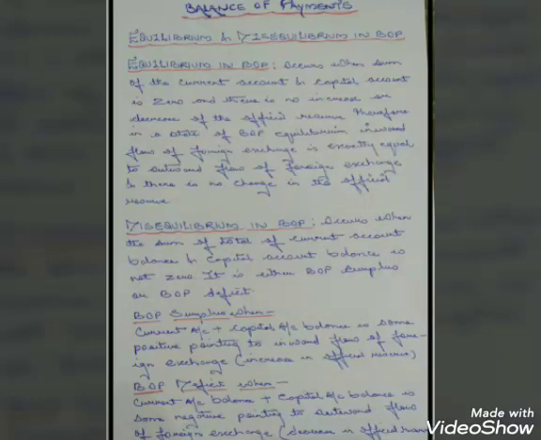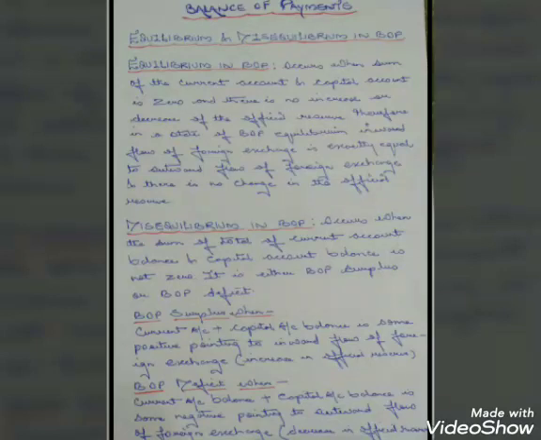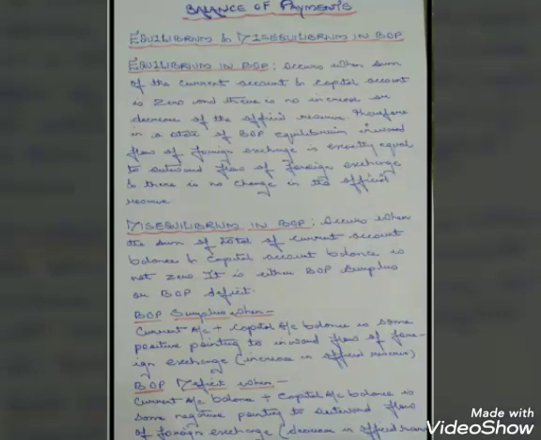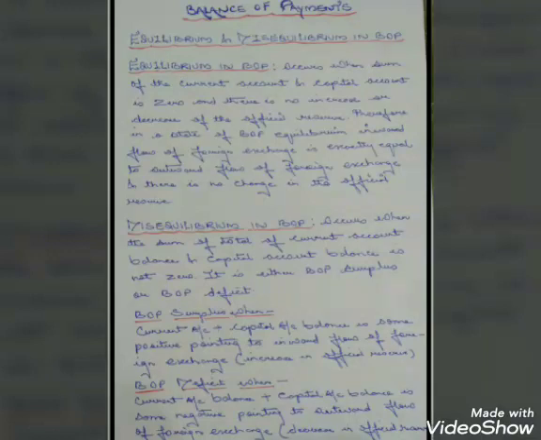So children, balance of payment equilibrium is struck when current account balance plus capital account balance plus errors and omissions equals 0 and there is no movement of official reserve of the central bank. If we ignore errors and omissions, then balance of payment equilibrium is struck when current account balance plus capital account balance equals 0 and there is no movement in the official reserve.